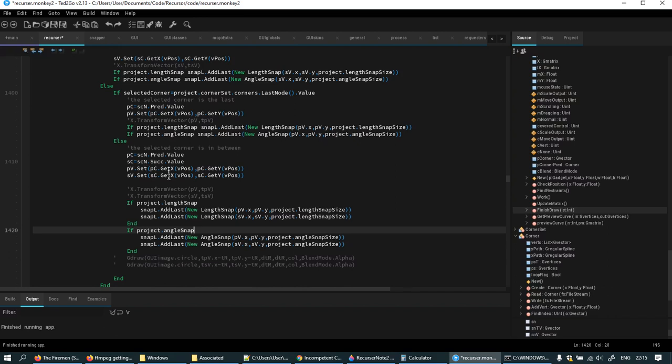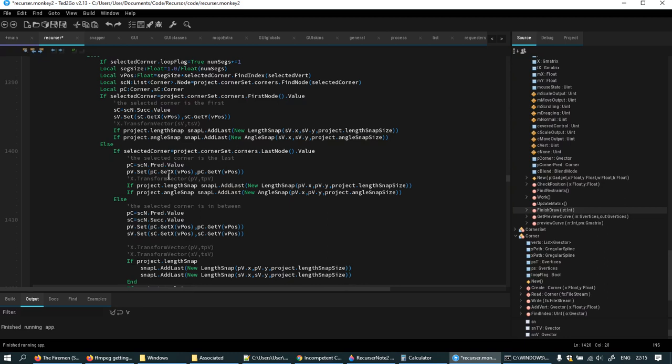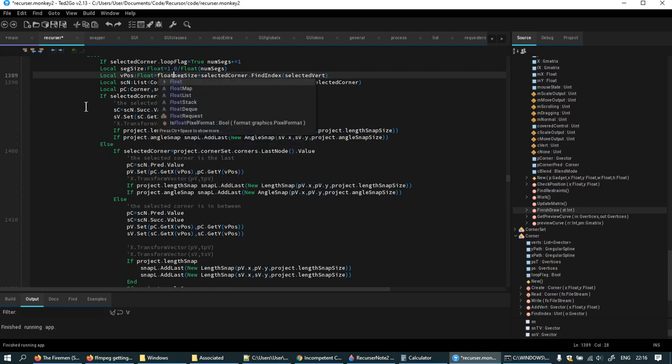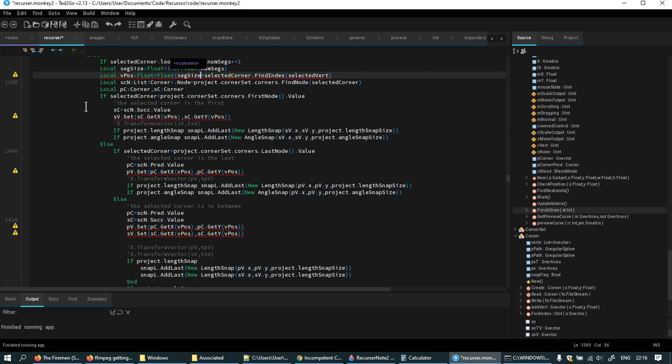Oh, my head is starting to hurt. Wonder if this has anything to do with it. Another little, no, not float of segment size. Float of selected corner.